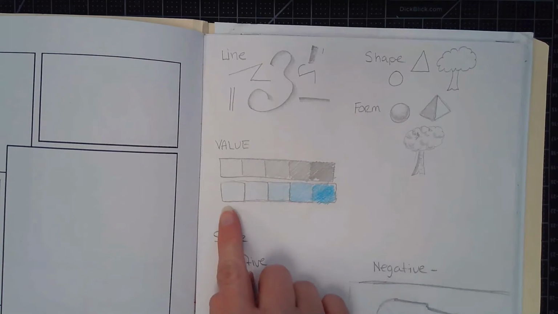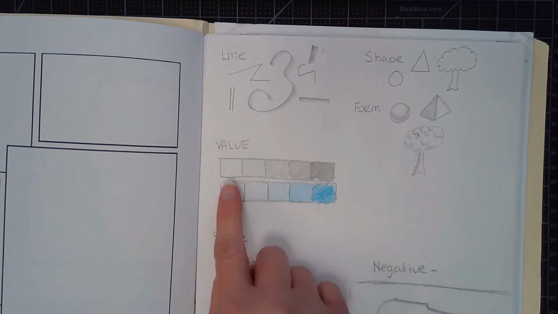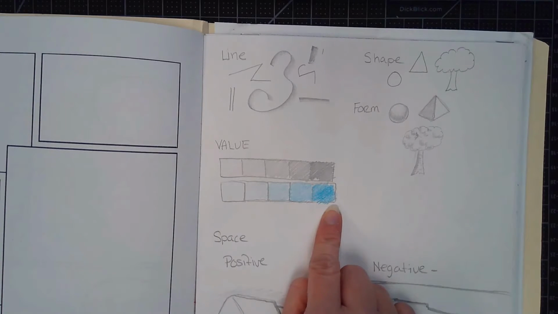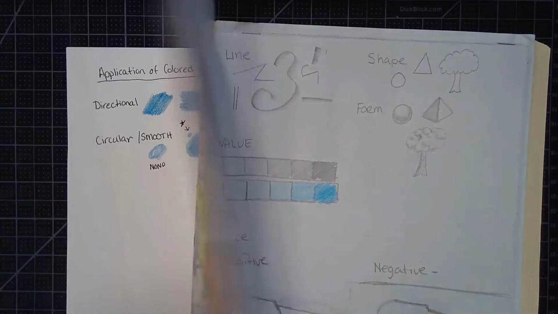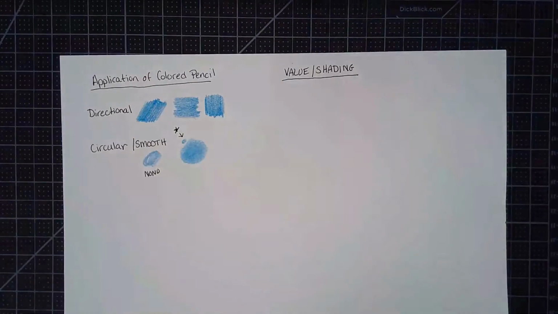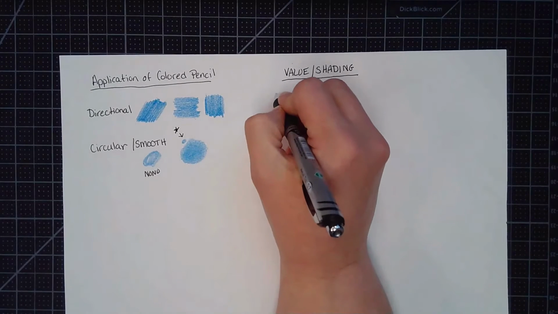And I also mentioned that you could try that if you had colored pencils at home with colored pencil. So our first look at applying value and shading is of course going to be about pressure.